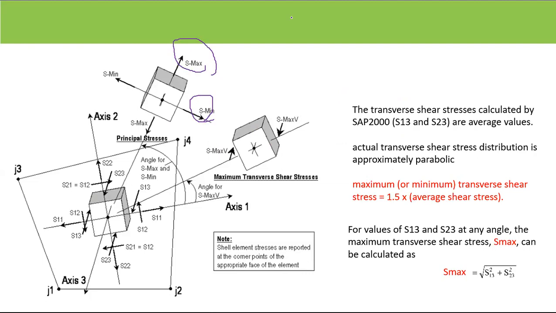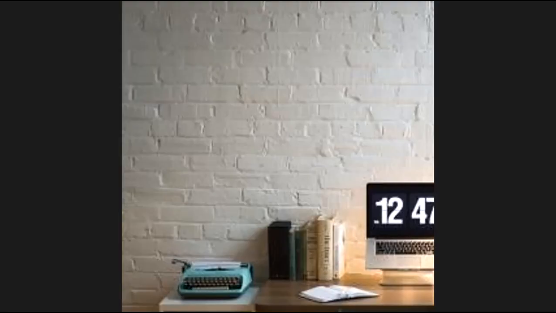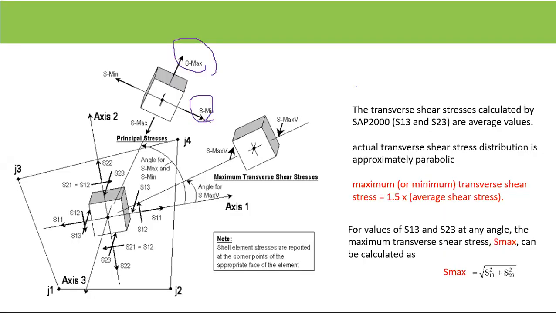Minimum principal stresses. So shell element stresses are reported at corner points, like I told you, and these transverse shear stresses S11 and S22 are average values, right?